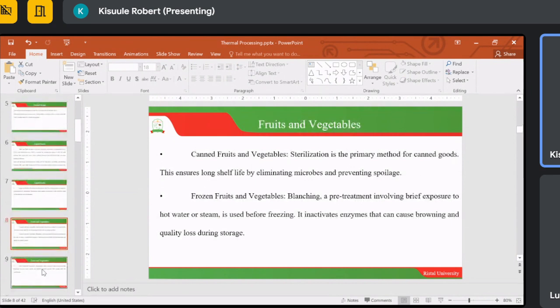Okay, for the fruits and vegetables, we are saying canned fruits and vegetables. Here we are looking at sterilization being the primary method for these canned goods. From our understanding by now, the sterilization method helps in increasing the shelf life of a food more compared to the pasteurization method, I should say.